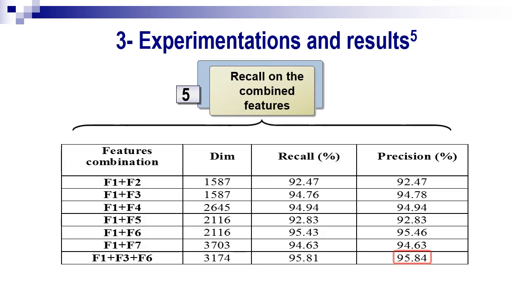As shown in the following table, the combined features are used to enhance the performance. The maximum values of recall and precision are produced by the combination of F1, F3 and F6, which are extracted from the 2-1 blocks and 3-1 blocks as well as from the whole image.